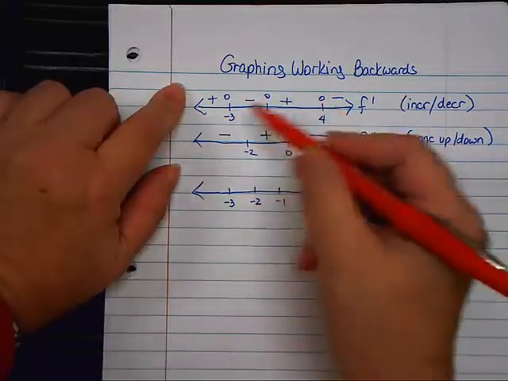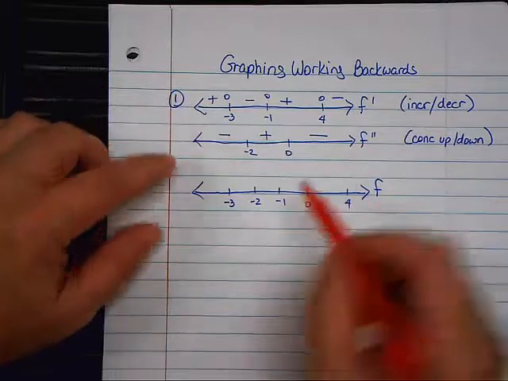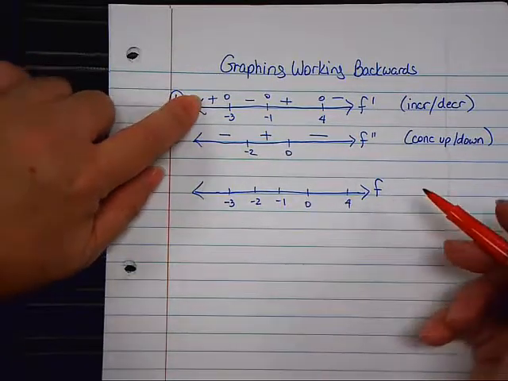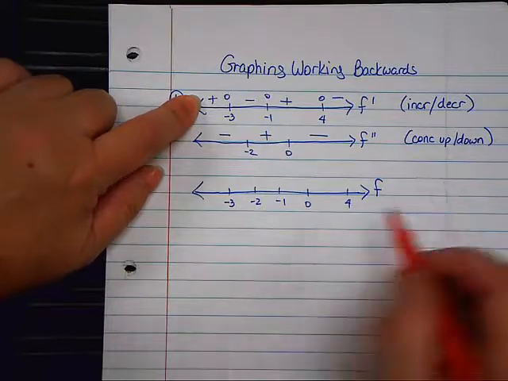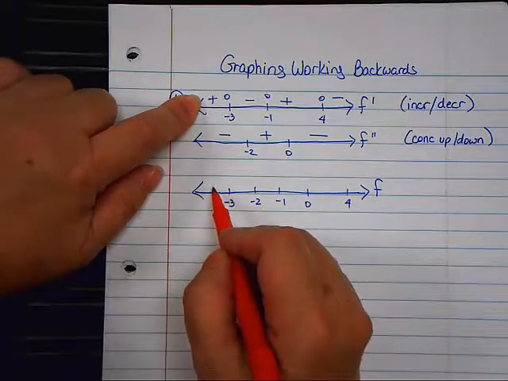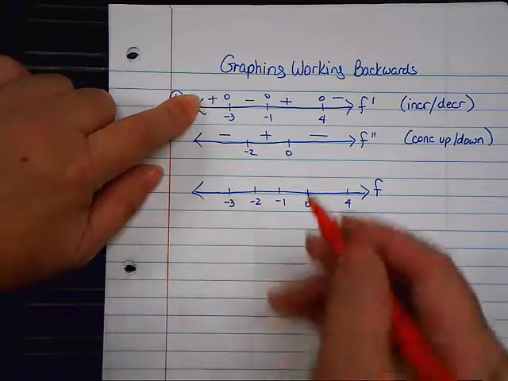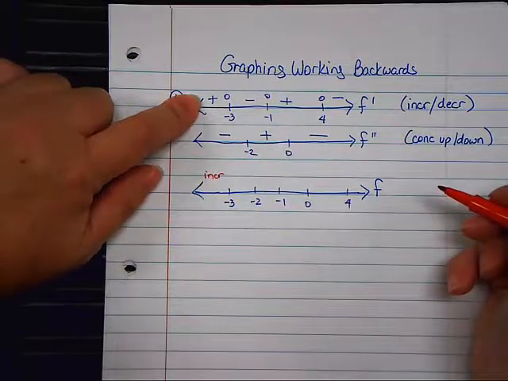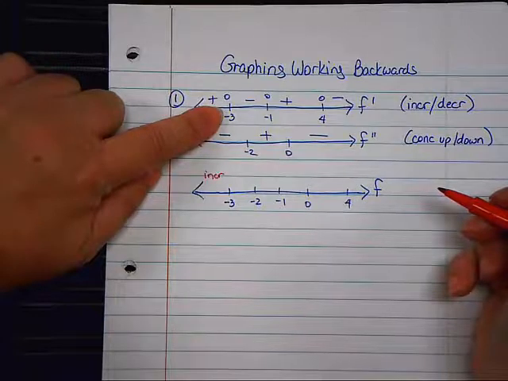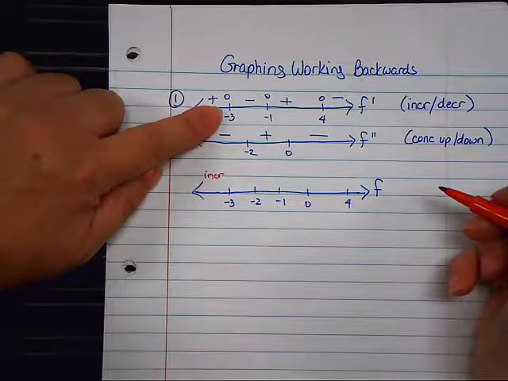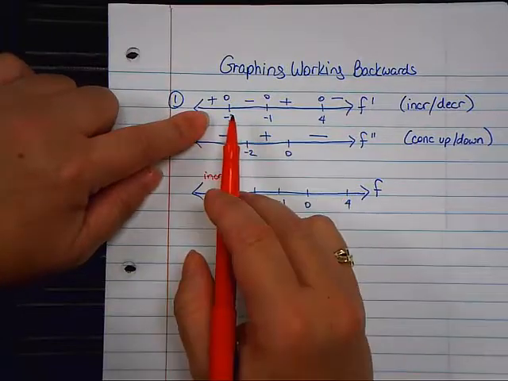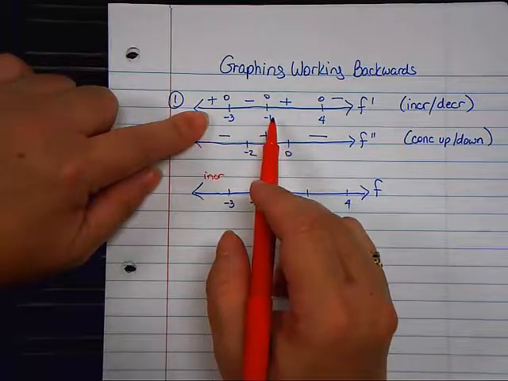Okay, what I want to do is take these symbols up here and translate them into words down here. So this being a plus sign tells me what again? Increasing. Now, don't write it right on the line. You're going to have to write something underneath it. So go up a little bit and just write INCR for increasing, up to -3. From -3 all the way to -1, it is decreasing.